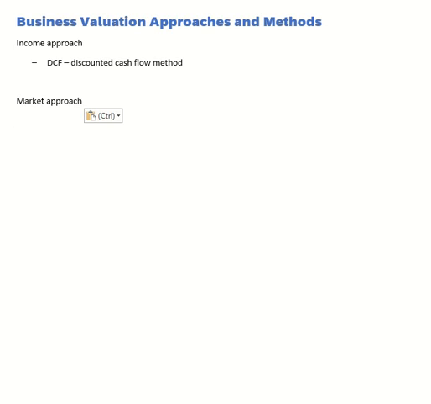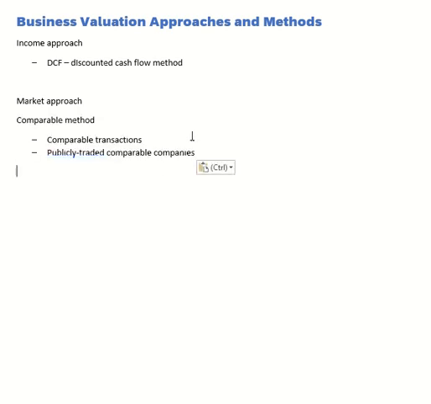So the method under the market approach is the comparable method. With the comparable method, we normally look at comparable transactions. Basically, if a similar business was recently sold in a transaction and we have the price information available, or publicly traded comparable companies.